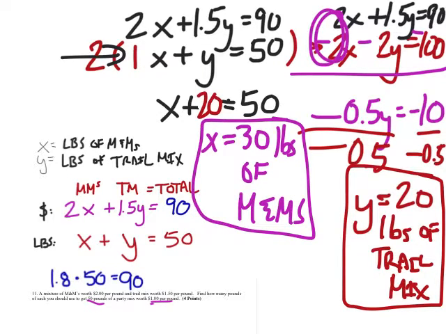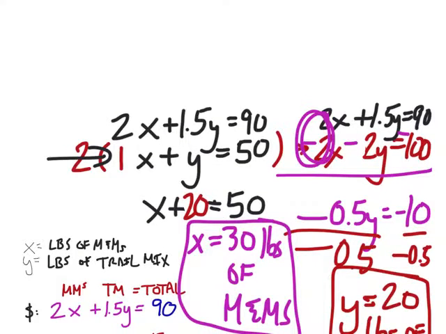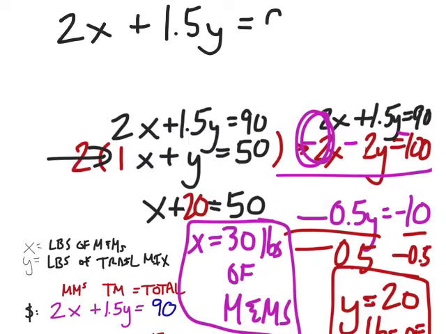So since we used that bottom equation to solve for x, we still need to use that top equation just to check our work. So we're going to go ahead and write 2x plus 1.5y equals 90. But again, we'll replace the x with the 30 pounds and the y with 20 pounds there.